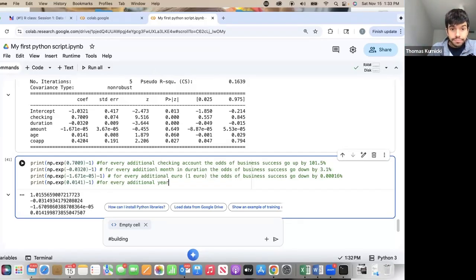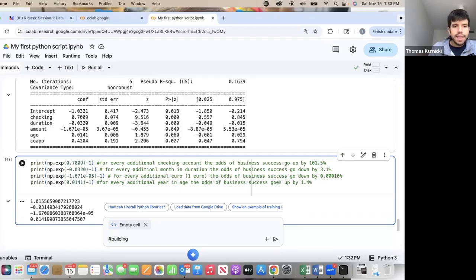Very good. Okay, for every additional year, the odds of business success goes up by 1.4%. Fantastic, Rostislav. Now you got this correct. For every additional year in age, the business success goes up by 1.4%.